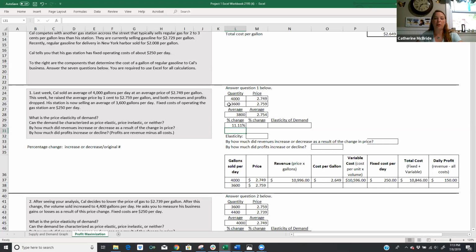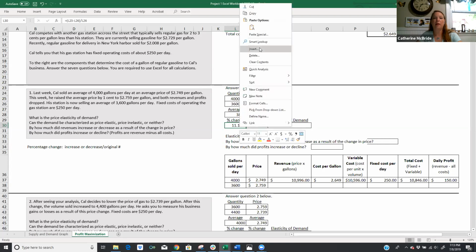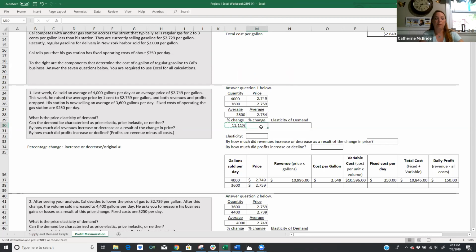So the change between 3,600 and 4,000 units was an 11.11% increase. And then you don't even have to do this again. You can copy this over to the next cell. It'll calculate for you. I'm just going to say copy, paste, and there I am, 0.36.